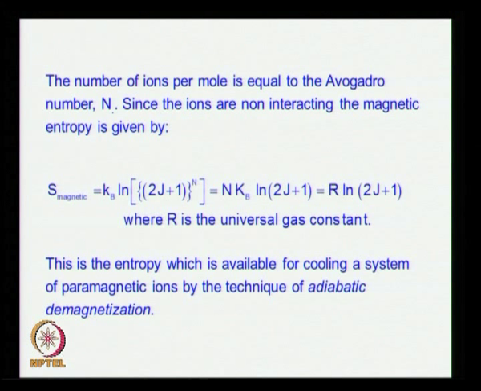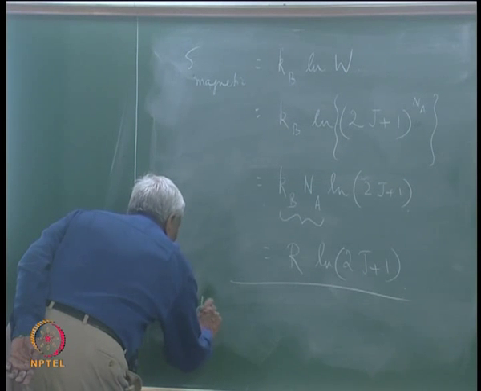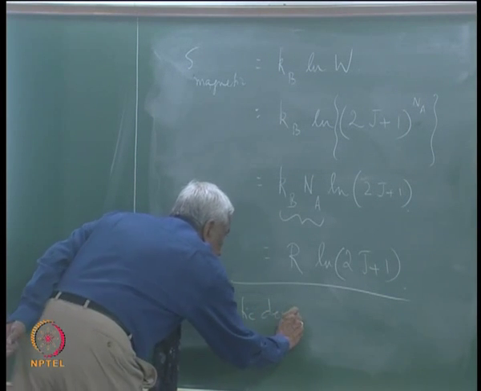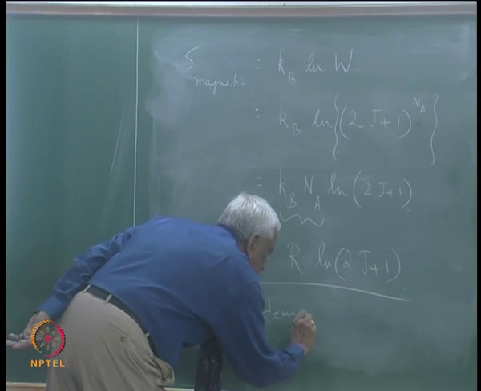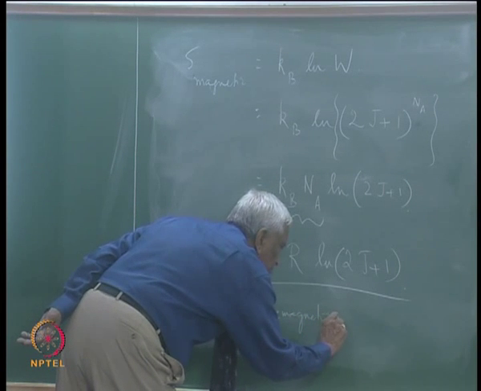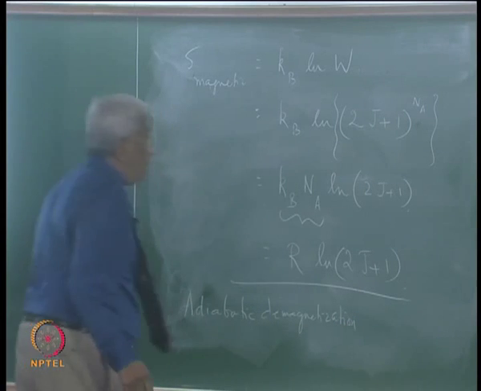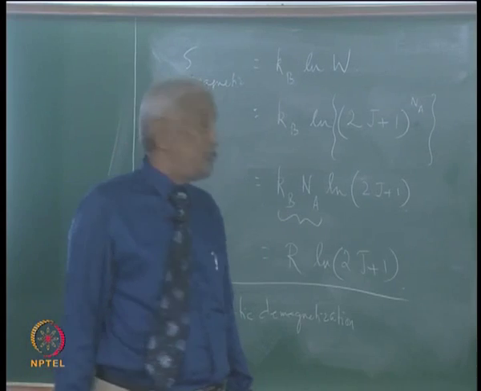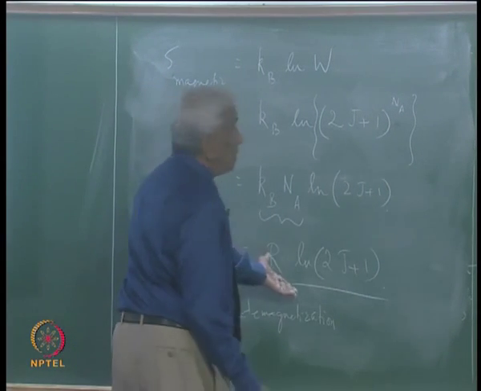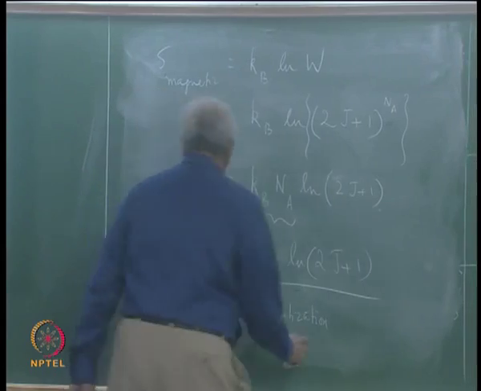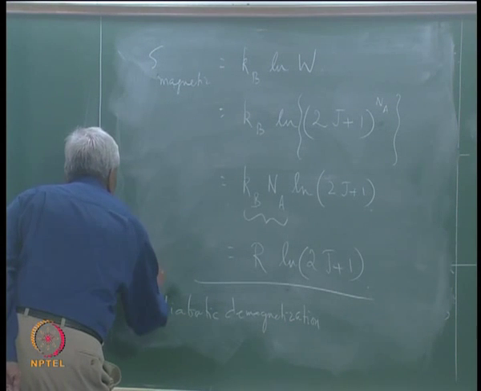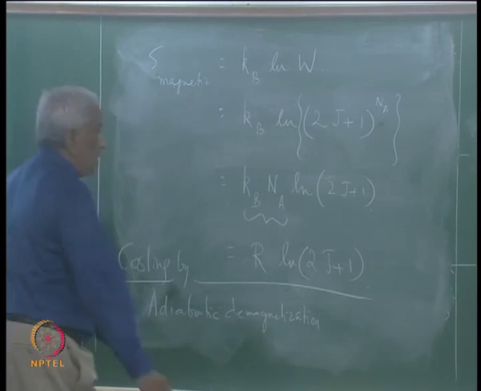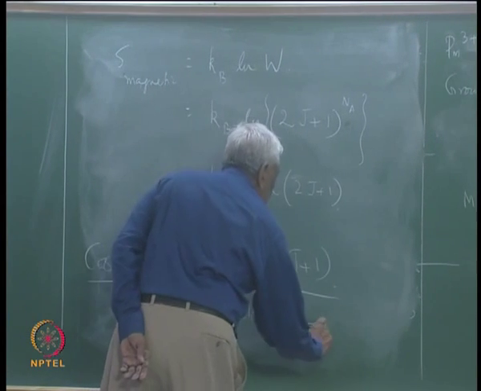So, you can have the technique of adiabatic demagnetization, by means of which we can remove the applied magnetic field suddenly, keeping the spins in thermal isolation, and this entropy causes a cooling of the spins or the paramagnetic ions by this technique, which takes these to very low temperatures.